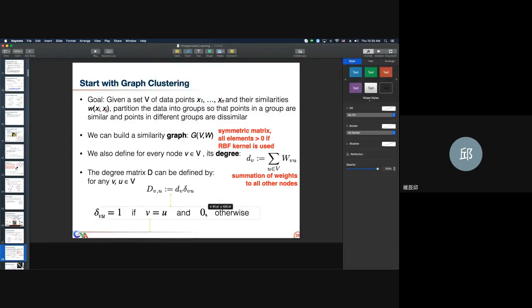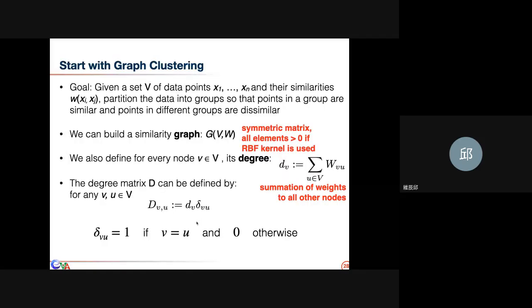So the definition of this delta VU is like this.